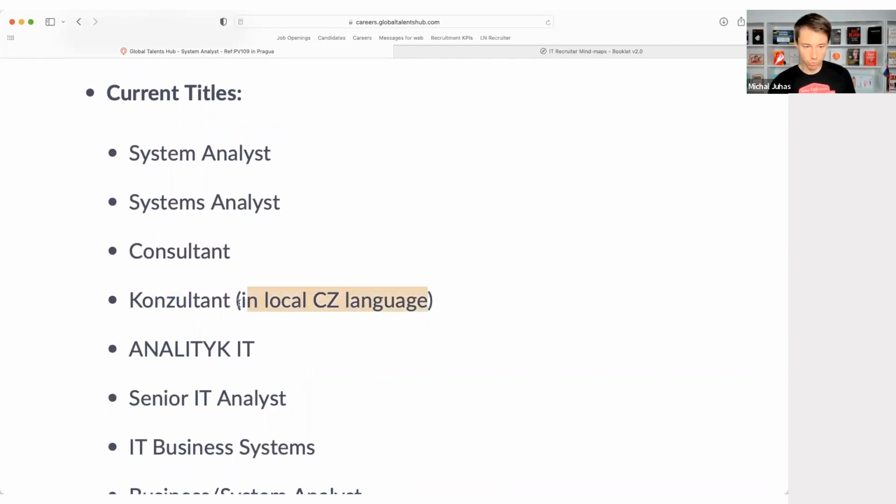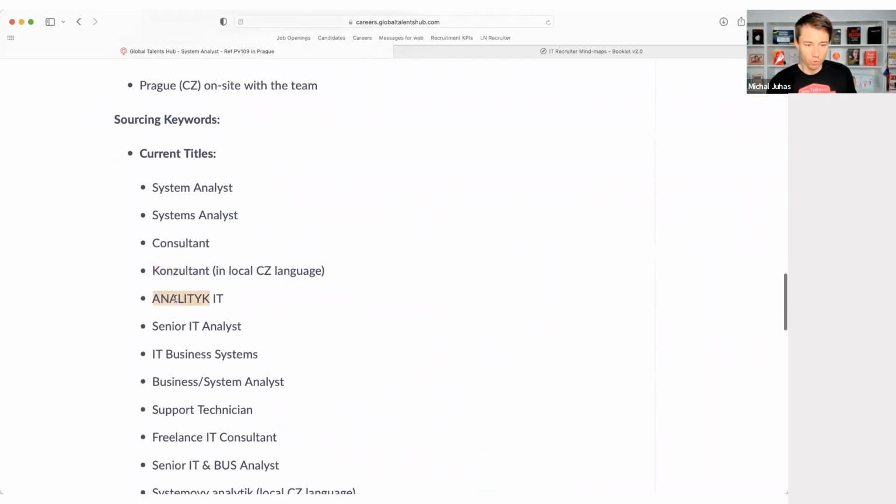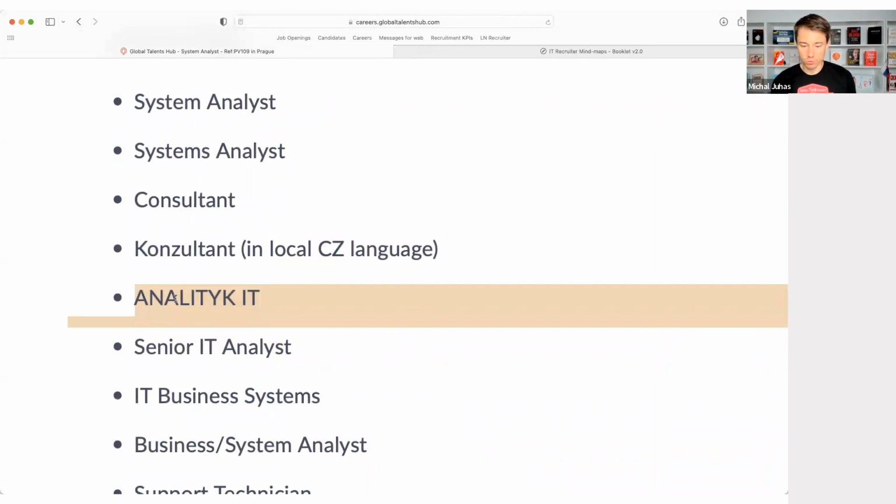So if you guys source for this position, if you have access to our portal and you would like to submit some candidates, you may want to consider this specific keyword, consultant. It is in local Czech language. Or analytic IT, this is also a local Czech language. And I encourage you always to look at synonyms in the local country where you source candidates from.